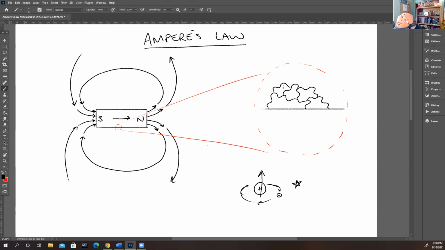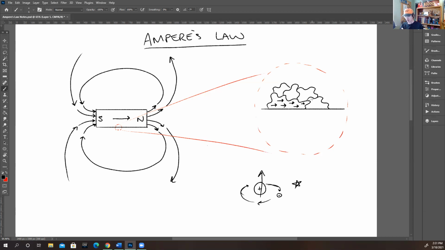Let's go back to these domains. Say that's one atom, and it's pointing that way. All of the other atoms in this domain are also pointing that way. Okay, so they're all lined up.